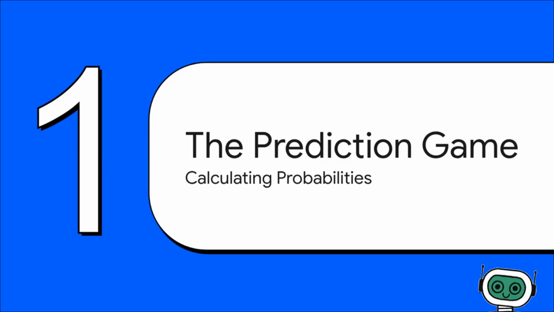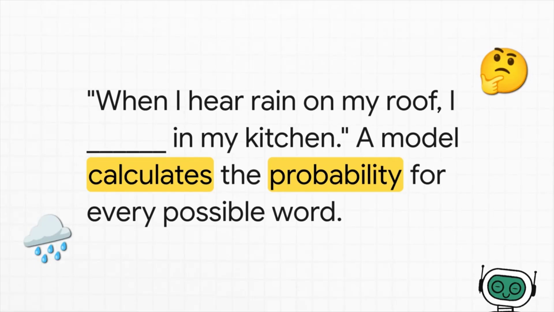So, how exactly does this prediction game work? Well, it all boils down to probability. The model's entire job is to look at a sequence of words and figure out the odds of what comes next. It's trying to find a sequence that just sounds right, like something a person would actually say or write. Think of it like a fill-in-the-blank puzzle. You've got the sentence, and the model has to guess the most likely word for that blank space.